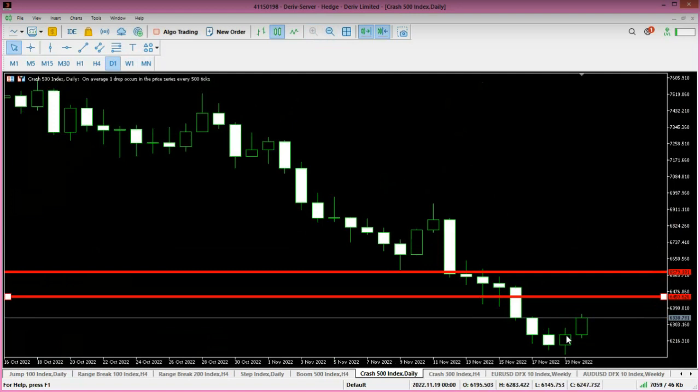The only thing that is maybe difficult here is the fact that you need to wait for a better entrance point, because I don't think there is such a thing as a perfect entrance point. For a better entrance point, then you're going to enter them. Okay, so currently our daily candlestick is not allowing us to sell.